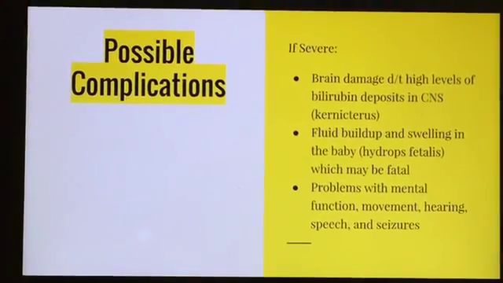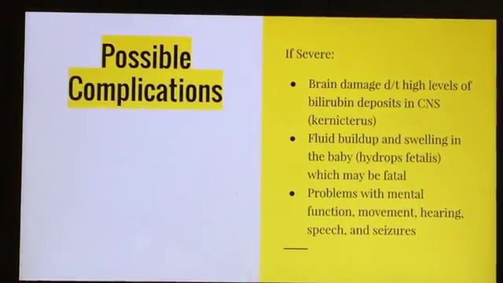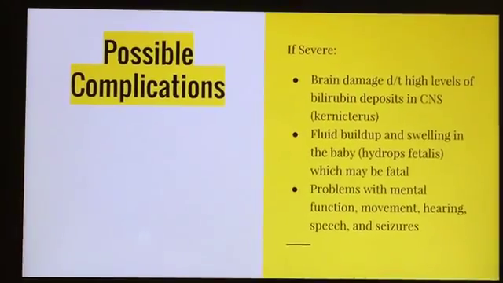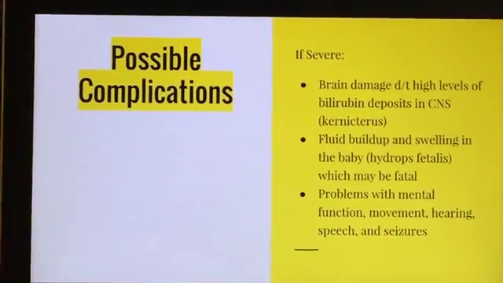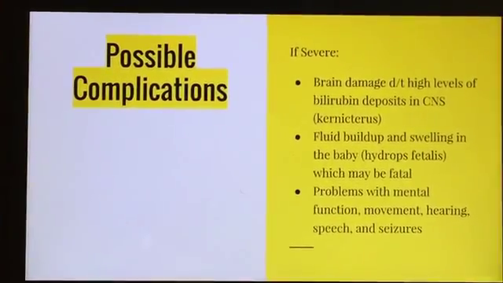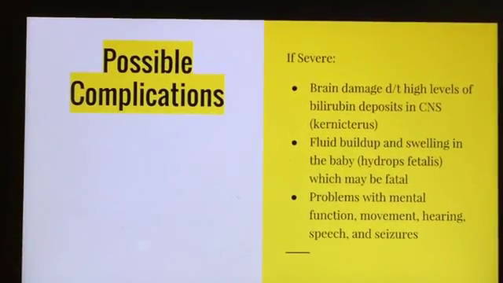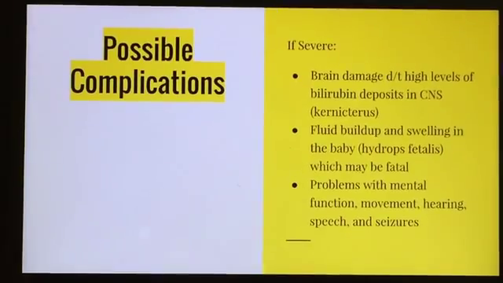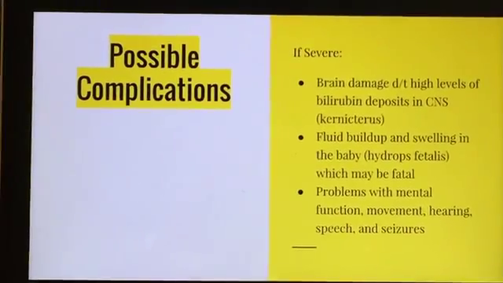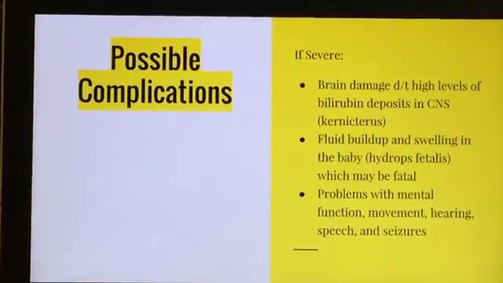And the hydrocephalus is that fluid buildup, and this can be fatal. If the infant recovers, there still can be residual effects on mental function, such as mental retardation, changes in movement, reflexes, hearing deficits, speech deficits, and seizures.